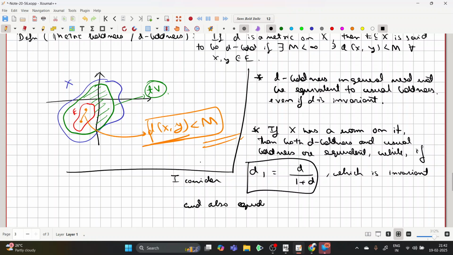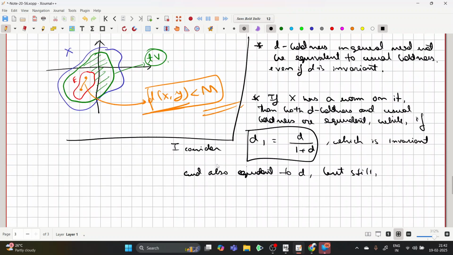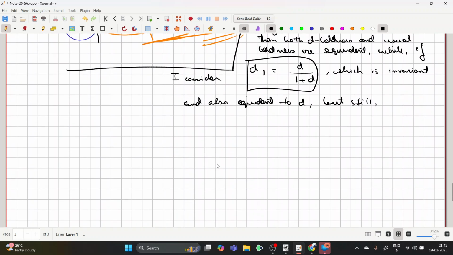What do I mean by equivalent to d? That both of them induce the same topology. But still, what is the problem that occurs? d1-boundedness, let me write just this, is not equivalent to usual boundedness.